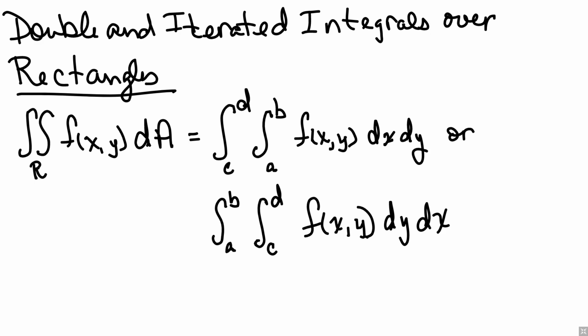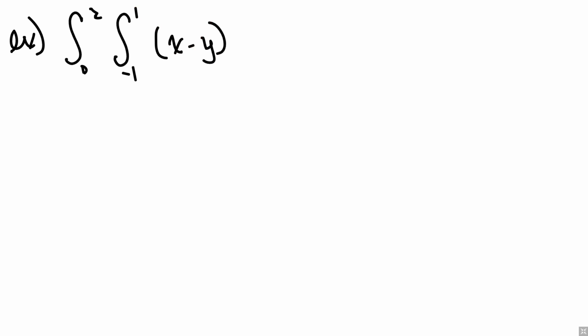Let's take a look at some examples. So the first example we have is this. I want to find the integral from 0 to 2, then the integral from -1 to 1 of x minus y dy dx.